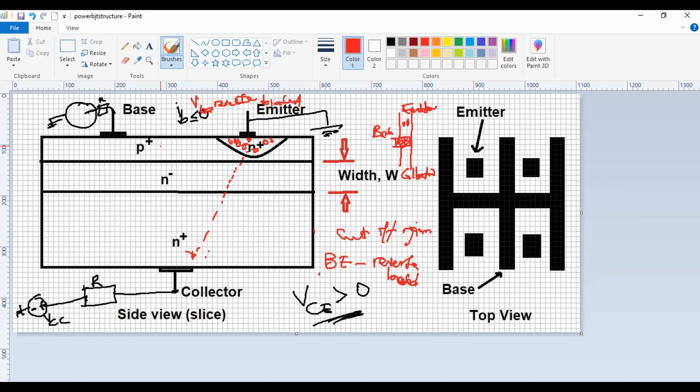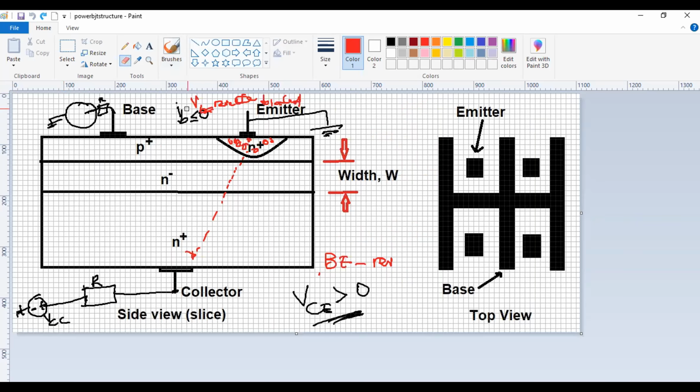Then the other case, which is the more interesting one, is where we want to run into saturation. So I'm going to try to clean this up. We're going to look at forward biasing.